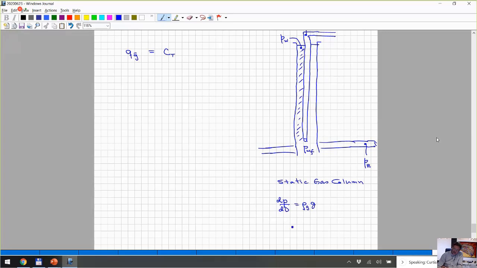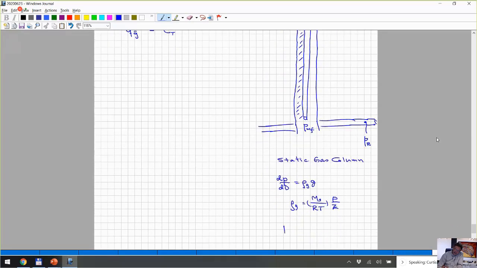And if you put in the pressure and temperature dependence, which varies with depth, with M being the molecular weight of the gas, T the temperature, and then this is your Z, you basically get a relationship where the pressure at the bottom is equal to the pressure at the top times a constant, approximately.